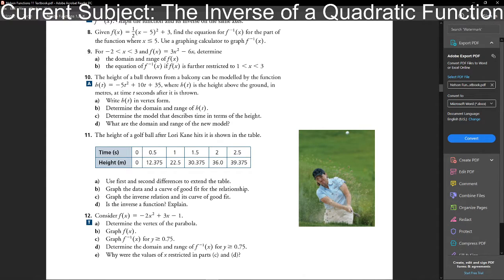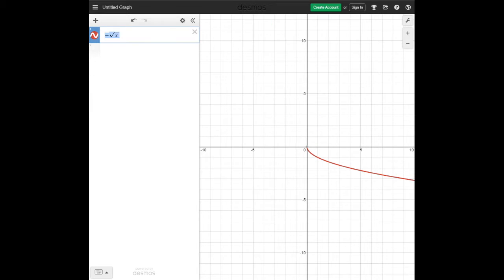Yeah, so let's do it just for fun. So the original one is gonna be 0.5. Oh wait, I lost the question. Oh, it's number 8. Then we have x minus 5 to the power of 2 plus 3.